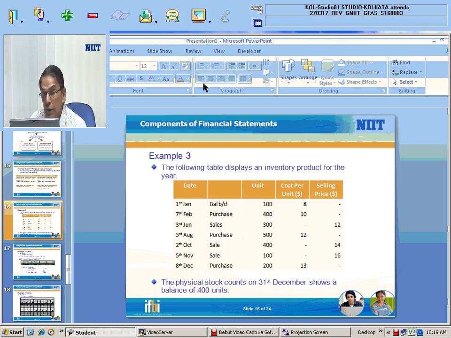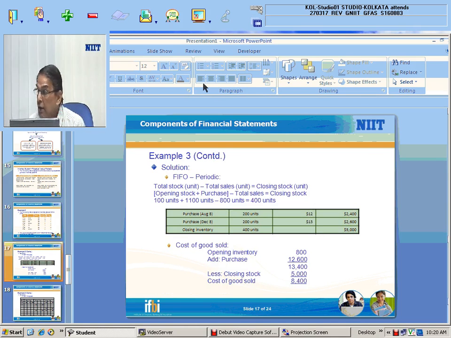That is 4,000, 6,000, making 10,000, and 13 into 200 is 2,600. So 12,600 is the total purchase price paid for all 1,100 units. Opening inventory 800, purchases 12,600, so 13,400, less the closing stock 5,000, we get the cost of goods sold at 8,400.